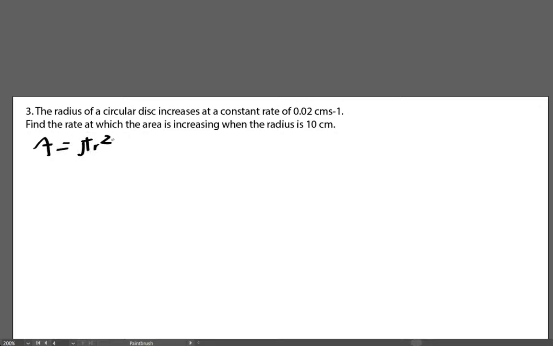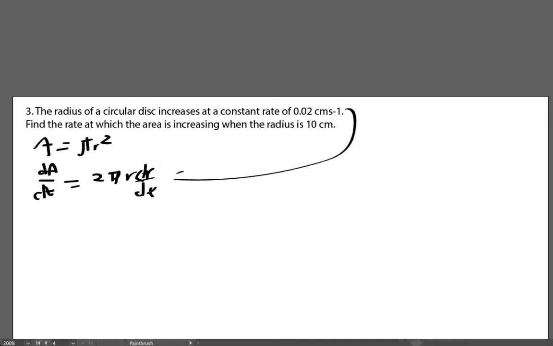And so when you take the derivative over time, which you have already done multiple times, dA over dt equals 2 pi r times dr over dt, which we know here is a constant rate.